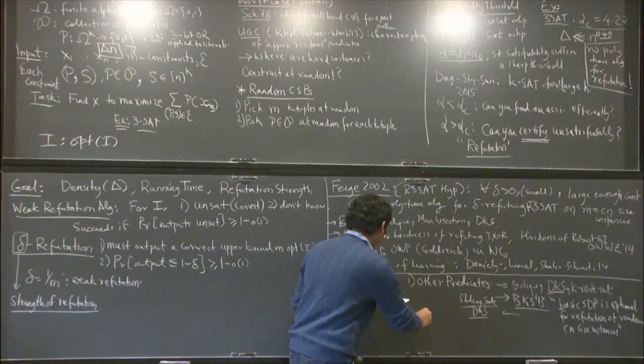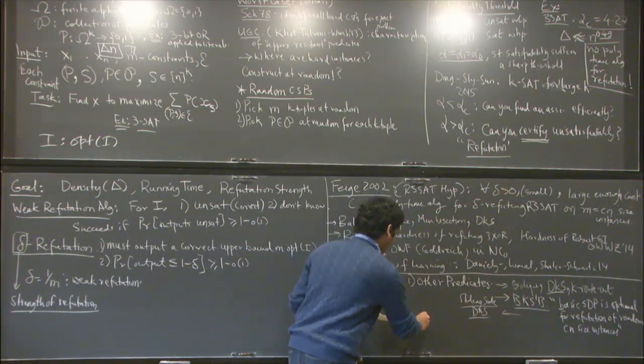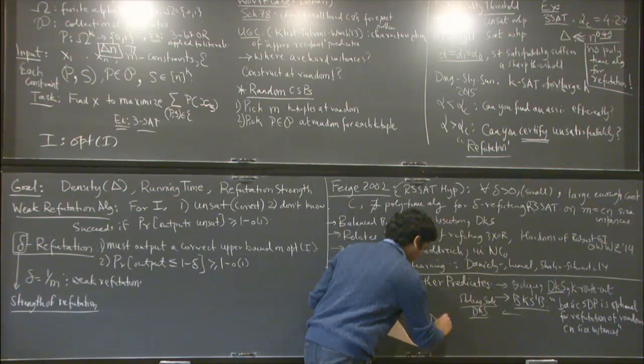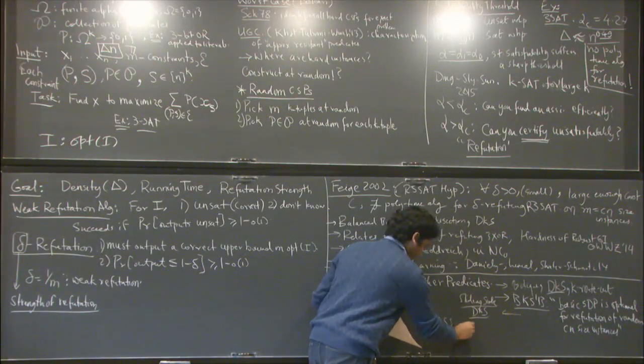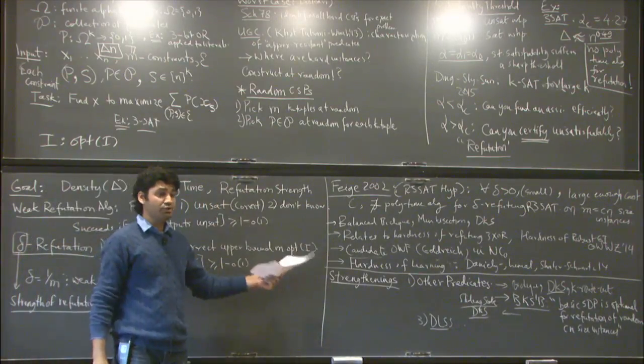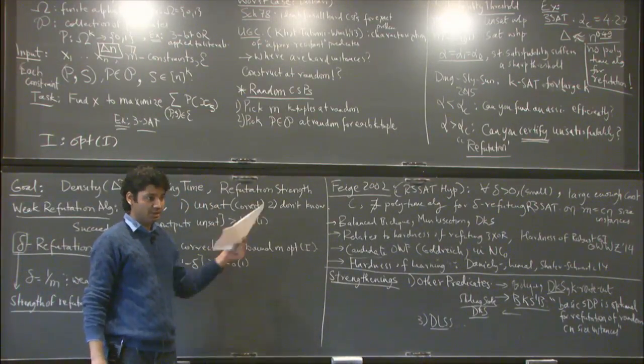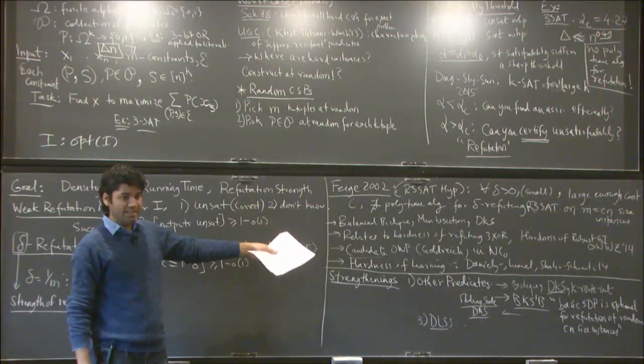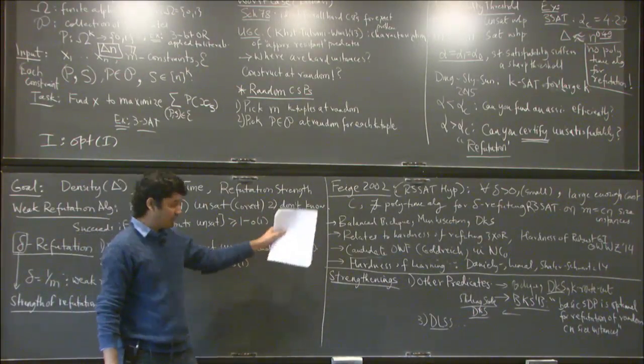I also want to say that in the Daniely paper that I mentioned, at least in the first paper, the assumptions are not necessarily the SAT assumptions. In fact, Daniely did make assumptions about other CSPs.